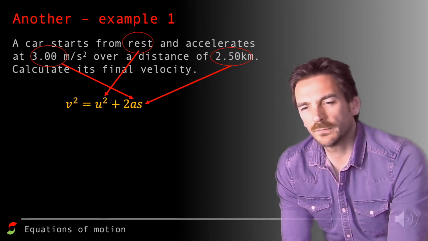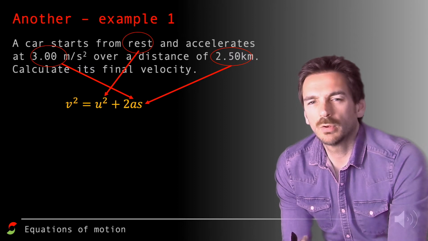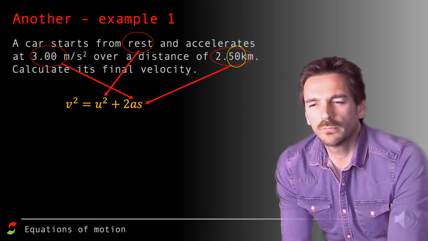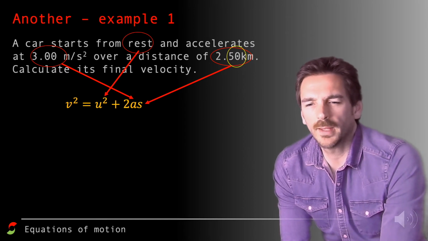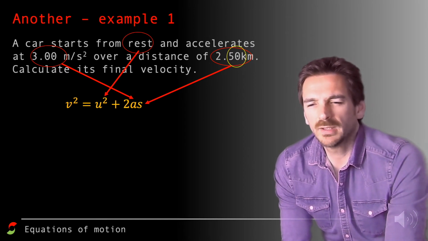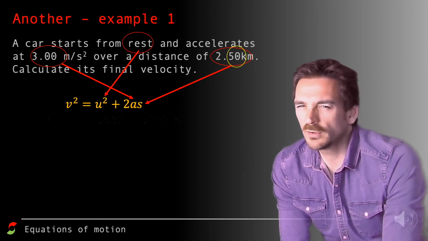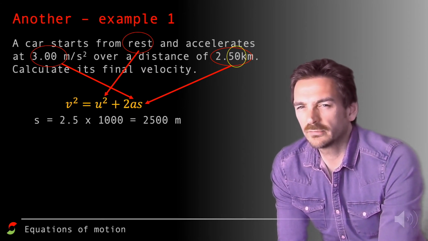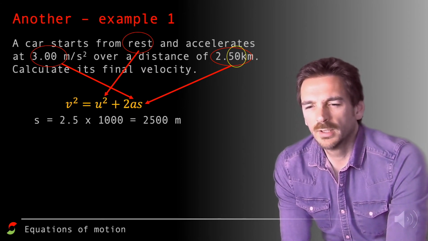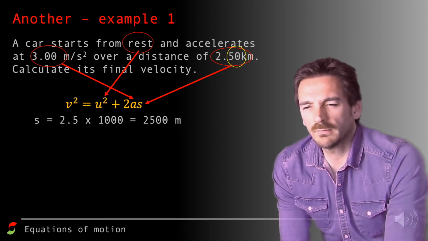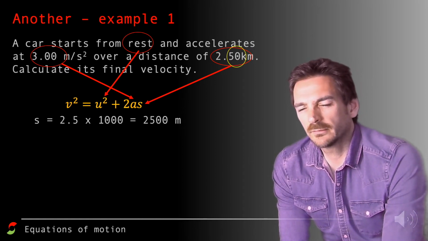So we've identified all the different variables, and now we can substitute in. But first of all, we've got kilometres over there, and everything else is in metres. So the first thing to do is just convert those kilometres into metres so that we've got everything in the right units. And 2.5 times 1,000 is going to give us 2,500 metres.